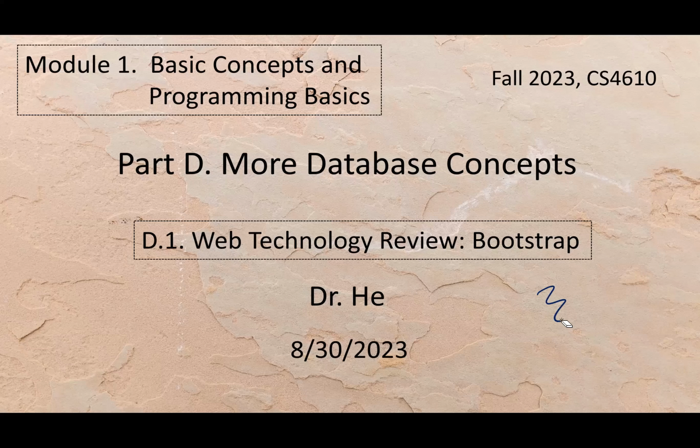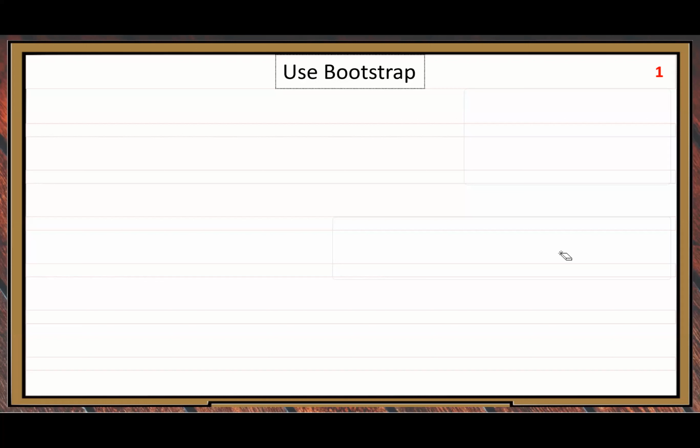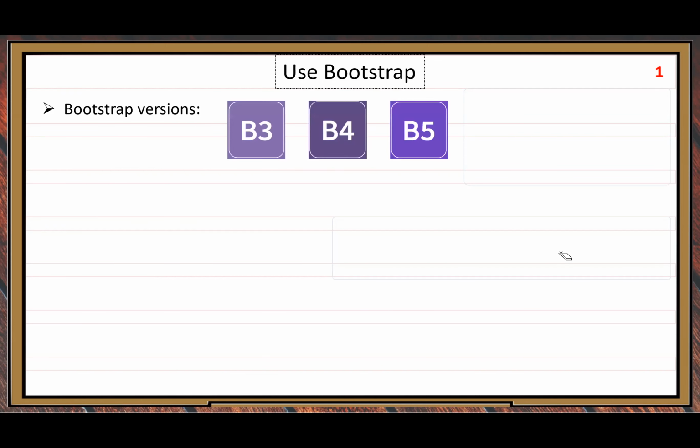First, how to use Bootstrap. Similar to the way we use jQuery. If you go to W3Schools to learn the Bootstrap tutorials, there are three versions: B3, B4, and B5.